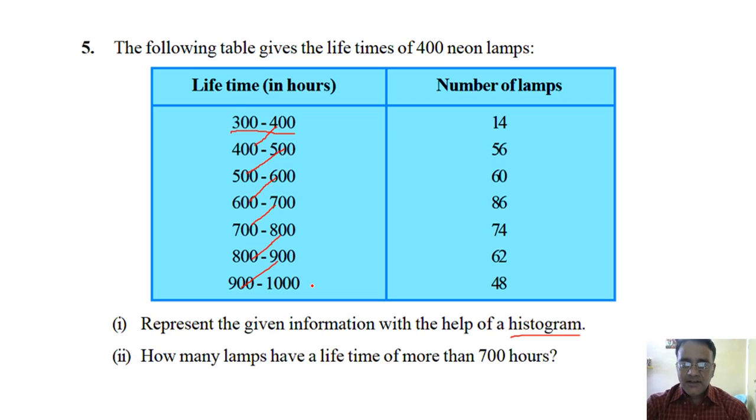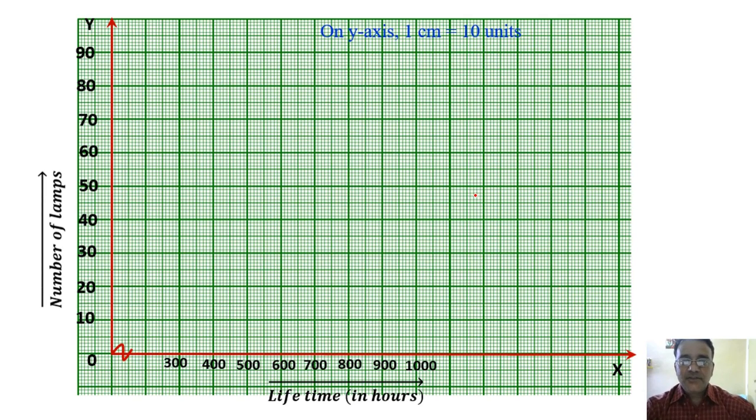तो ये X axis में होगा तो X axis का यूनिट जो रहेगा 100 और ये Y axis में होगा. So I will take 10 units. Okay, so start करें. X axis we took 1 centimeter is equal to how many units?